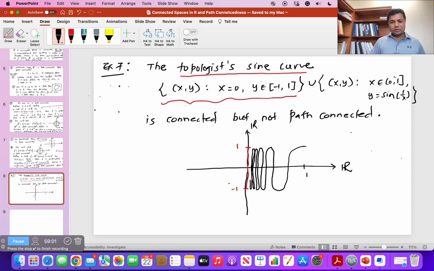If you use a computer application, you can see the graph more clearly. It oscillates between -1 and +1. So here this black curve and this red curve together are called the topologist's sine curve. And this curve is connected, but it is not path connected.